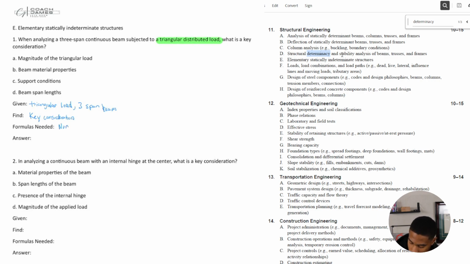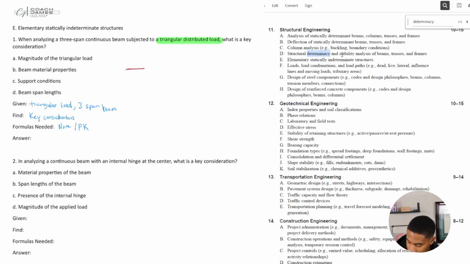No, none. So you're looking at a 3-span beam, but you're going to need some prior knowledge, right? So anytime they give you something like this, in this case they're saying it's a 3-span beam. So what does that mean, right? It means it has 3 different spans.